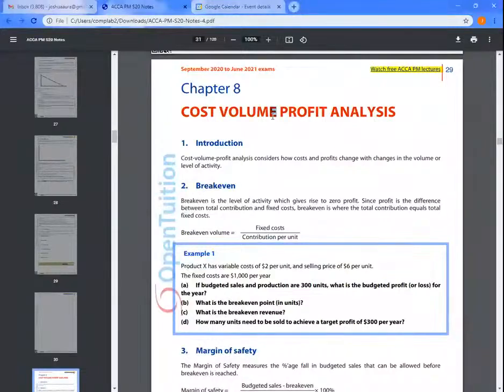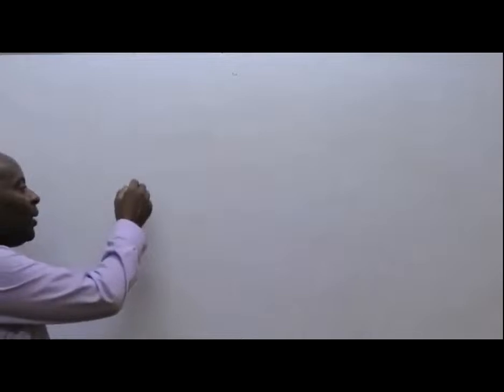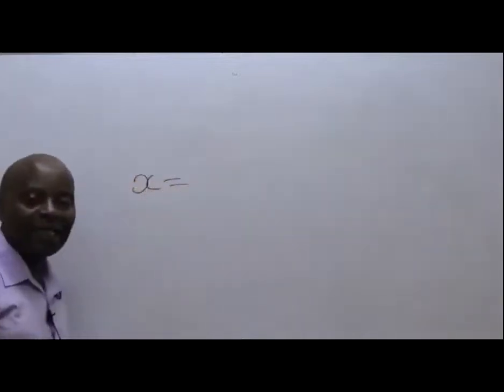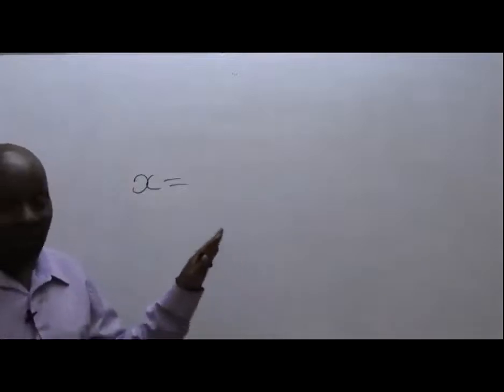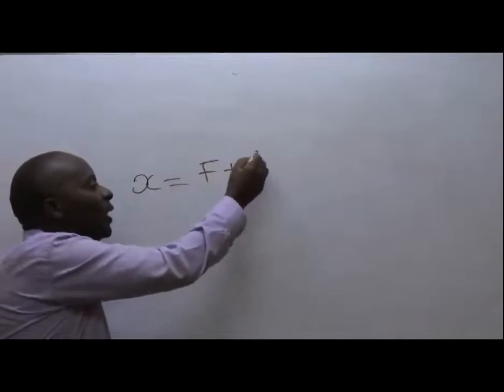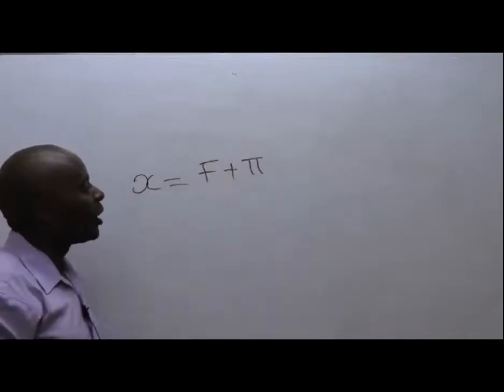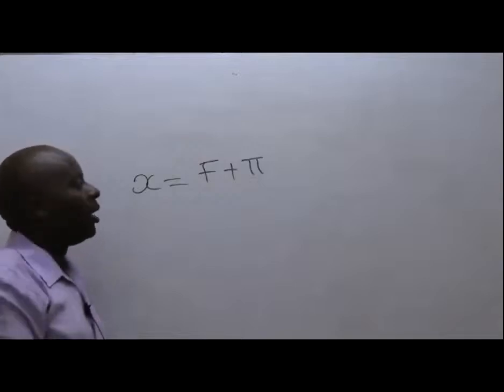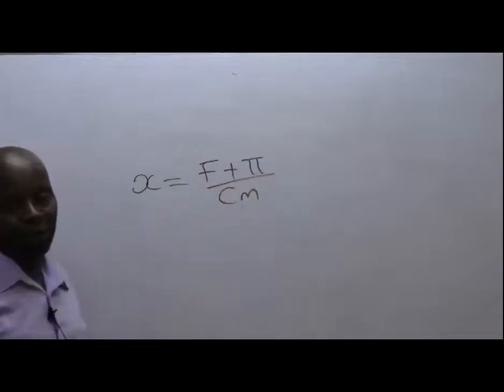Great. Now, ladies and gentlemen, to get the number of units needed to achieve some targeted profits, there are so many ways I could make use of to ascertain that. The very best, for any targeted profit, not for break even, is that the quantity should be fixed cost plus the profit that you are targeting, all over contribution margin.